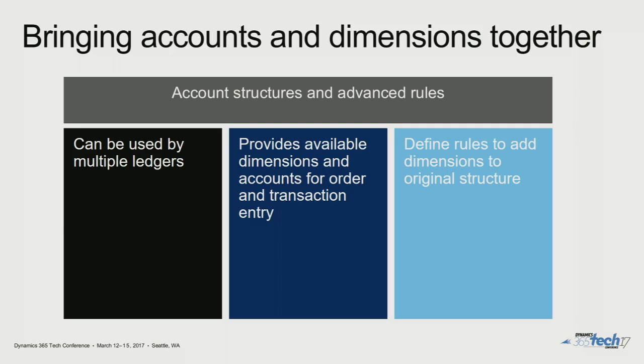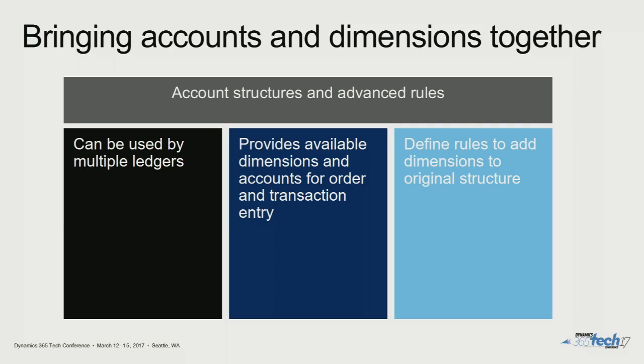And then it provides the dimensions and accounts available for transaction entries. So after we go through and define our account structures and our rules and associate them to the ledger, we can take a look at how this affects transaction entry through the general journal as an example. And then we'll go through and define the rules to add dimensions to the original structure.